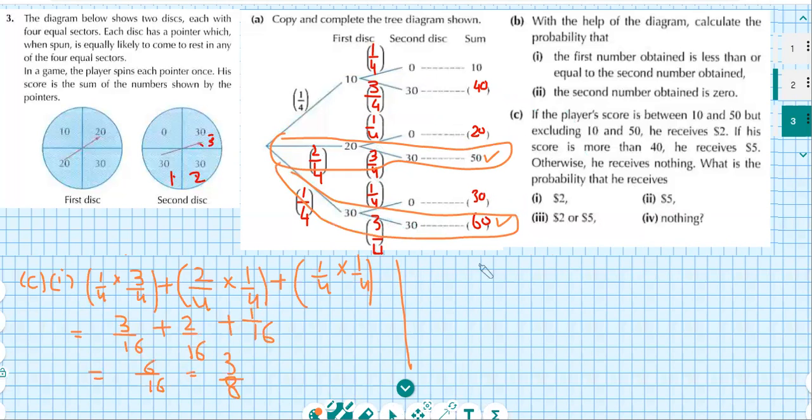It will be, for the first branch, 2 over 4 multiplied by 3 over 4, plus for the second one, 1 over 4 multiplied by 3 over 4. So we get 6 over 16 plus 3 over 16, equal to 9 by 16.